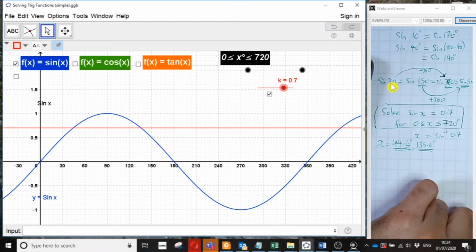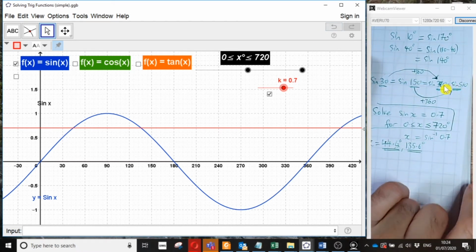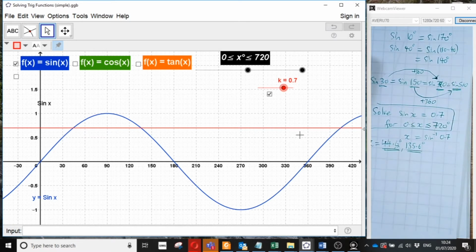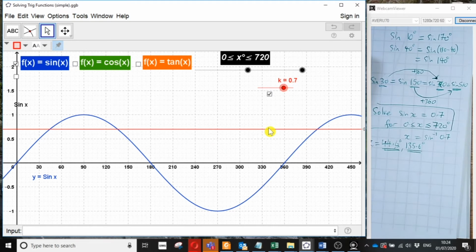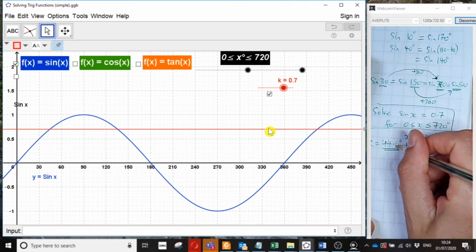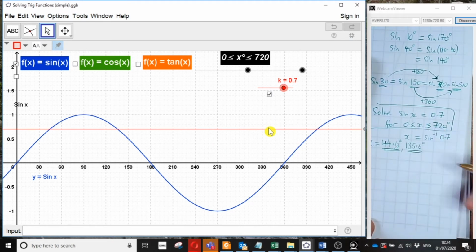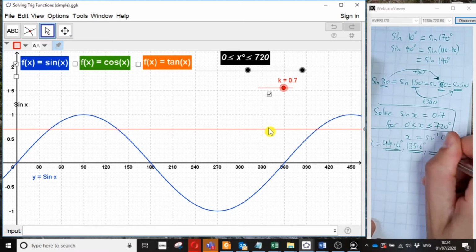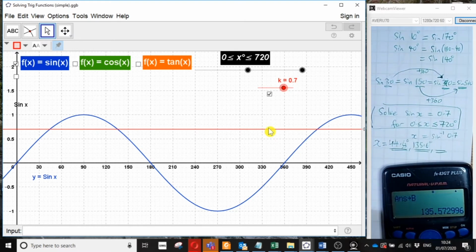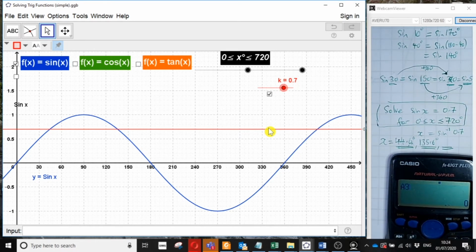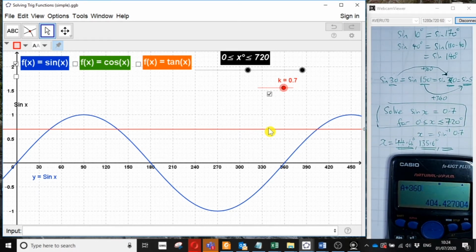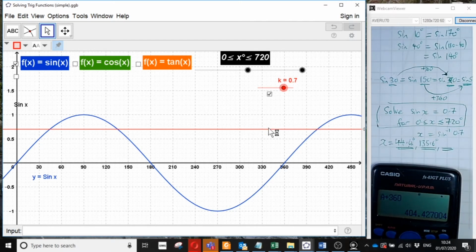Now go back to this list where I got the next two numbers along. I added 360 because they're the same two parts of the graph, 360 degrees along. So I need to do A plus 360 and B plus 360. Here we go, and I'm going to store them as I go along. Alpha A plus 360 is 404.4.